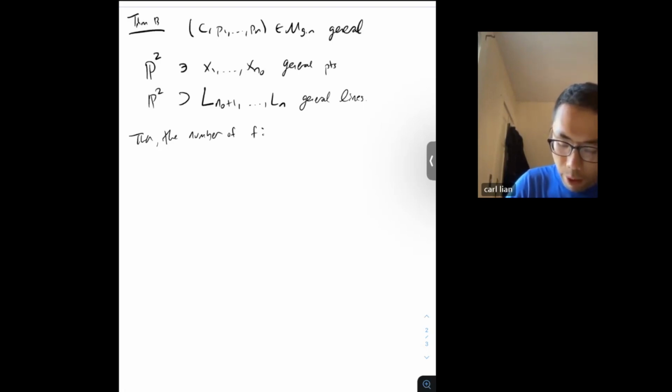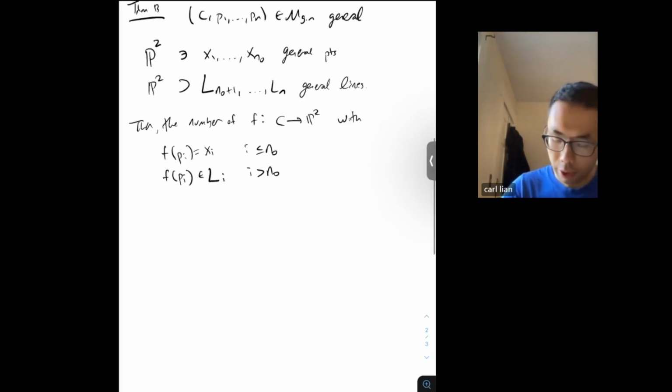of now plane curves, so maps from C to P^2 with, well, f(p_i) is supposed to be equal to x_i for i less than or equal to n_0. And then for i bigger than n_0, now the condition is that f(p_i) just maps to somewhere on this line, of degree d.